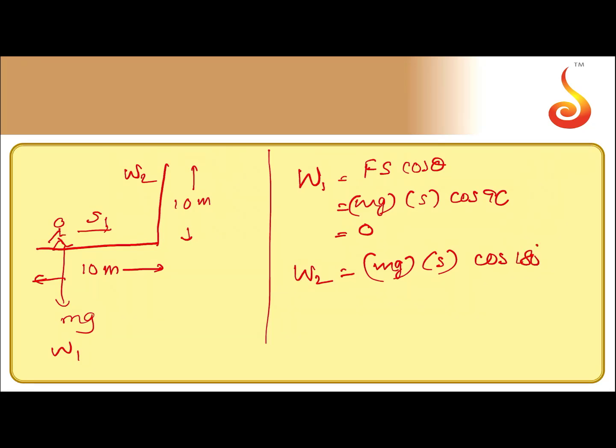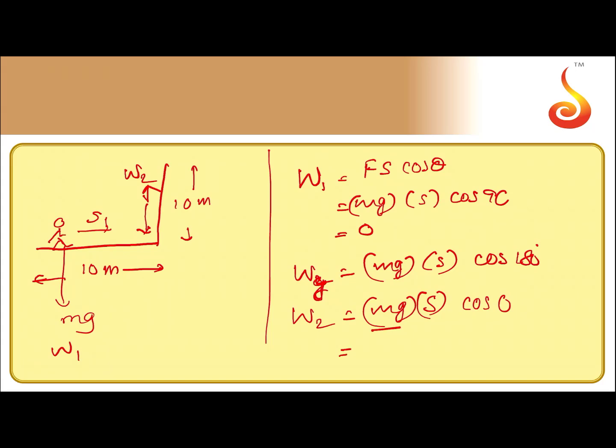So the work done by this person is opposite to the work done by the gravity, isn't it? Gravity tries to pull him down, whereas the person has to move in this direction. So work done by gravity is this much, while the work done by the person is mg into s into cos 0. How much is that?